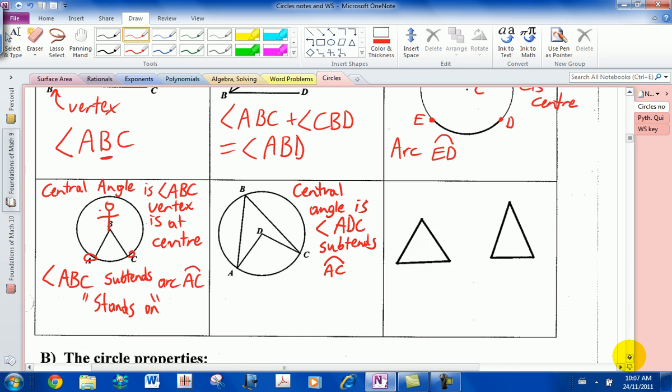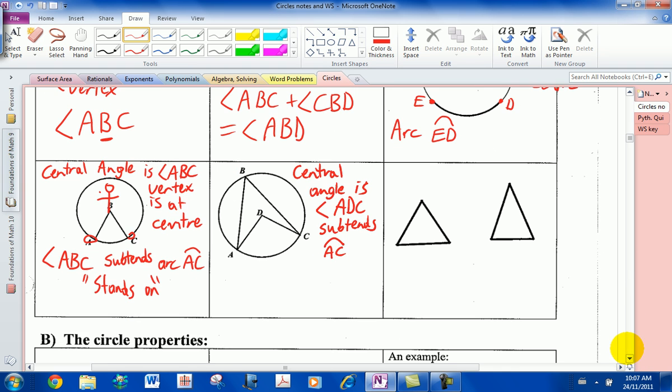Good job. Okay. Now we have a different angle as well. We have angle ABC. It's this large one right here. Is that angle outside of the circle? No. It's inside the circle. It fits just inside, doesn't it? Kind of squashed in there, but it fits inside the circle. So an angle that fits inside the circle and touches the edges, we say it's inscribed.